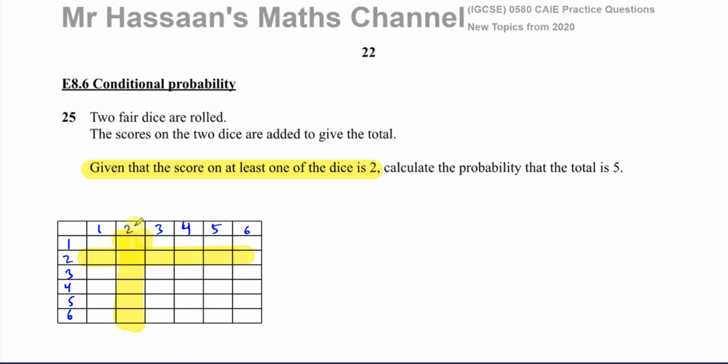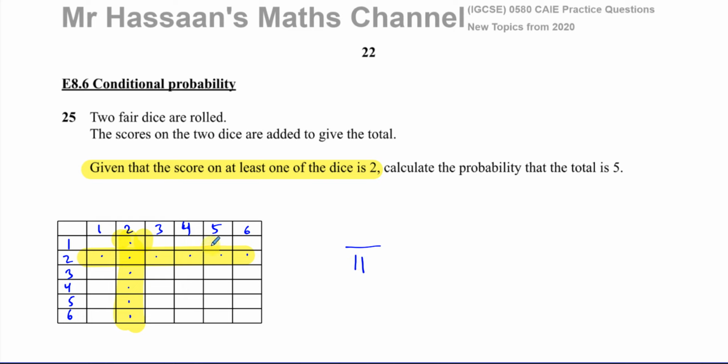Be very careful here, there's not 12, because one space is counted in both. If you count the first one, you have 1, 2, 3, 4, 5, 6. Then you can't count the same space again, so you have 1, 2, 3, 4, 5. So it's 6 plus 5, that's 11. Our total sample space is 11, so our denominator is going to be 11 and not 36.